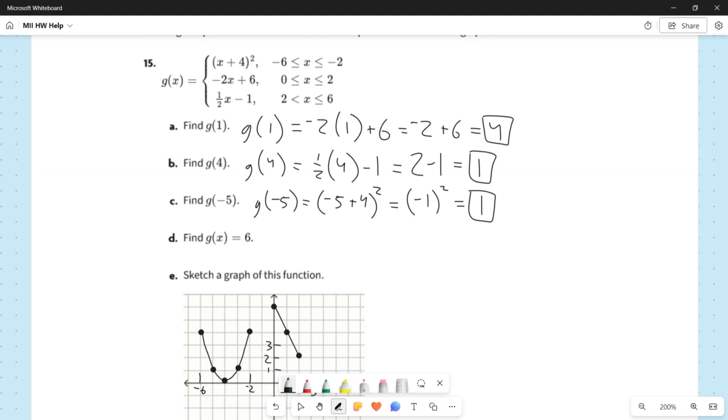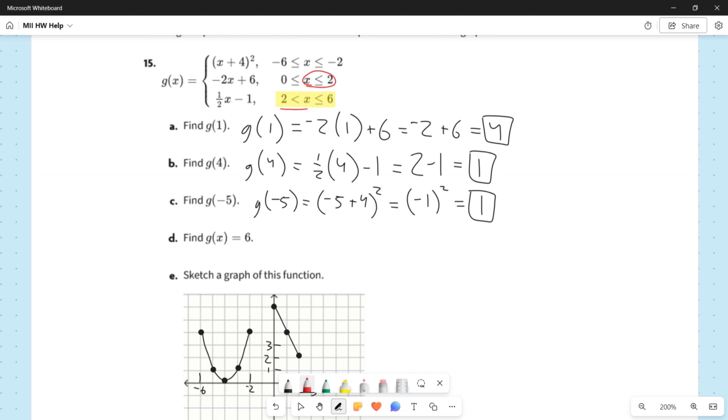If you take a look at our inequality here, it specifically says that 2 is less than x. It does not say that 2 is less than or equal to x, because 2 is represented there, right? x is less than or equal to 2. So when your input is 2, technically you're supposed to use the second piece.